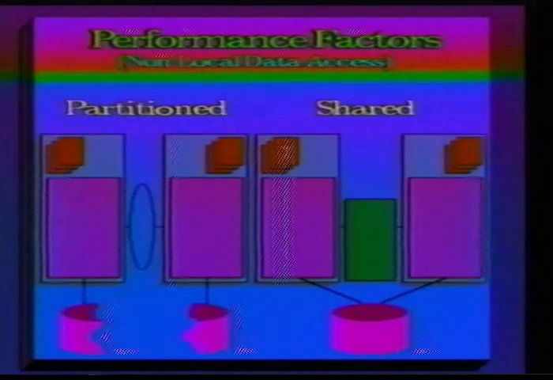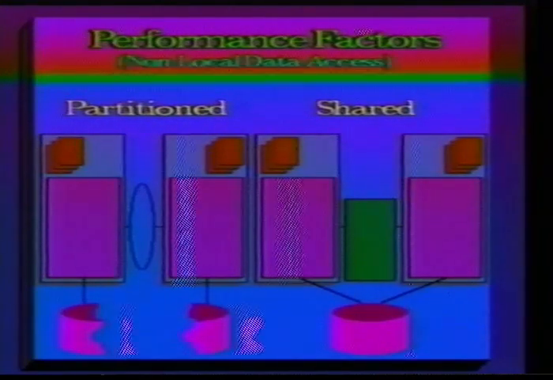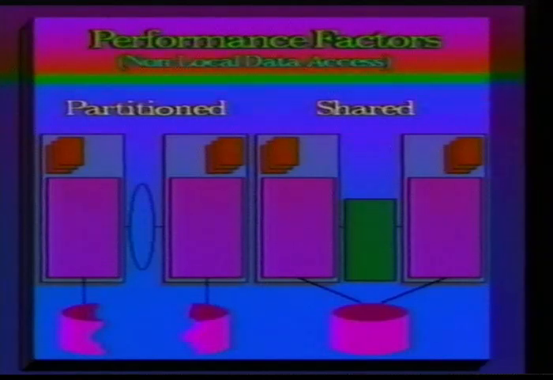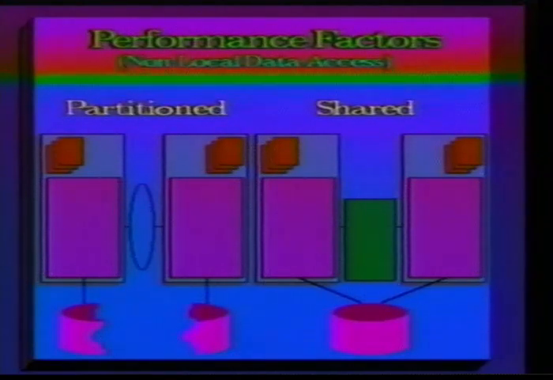Let's compare the partition data and shared data OLTP system structures and see some possible implementations that address these performance factors. Note that there are many flavors to these implementations, of which this is only one. Actual implementations may differ. What we will examine is how the partition data system structure obtains data that is not local to the system running the application program, and compare this to the shared data system structure.